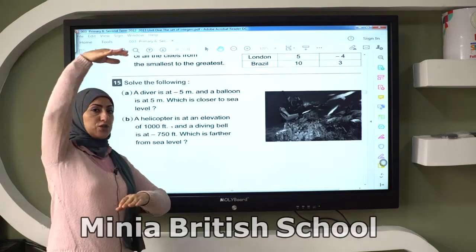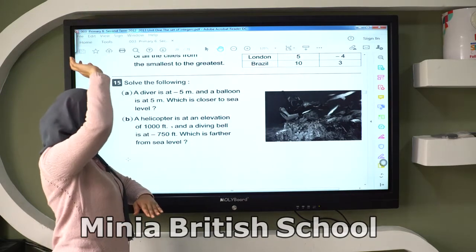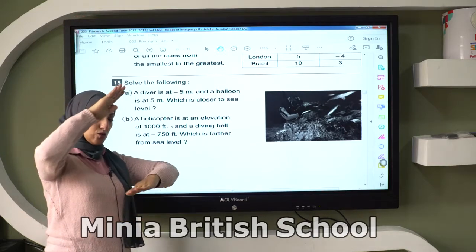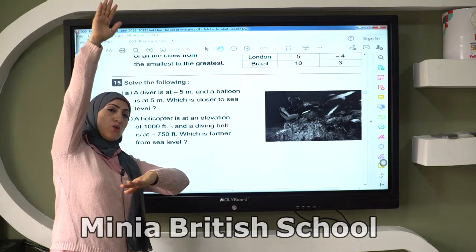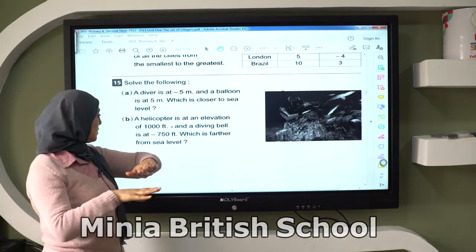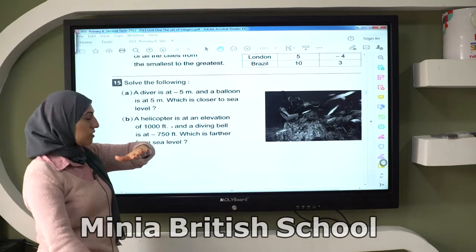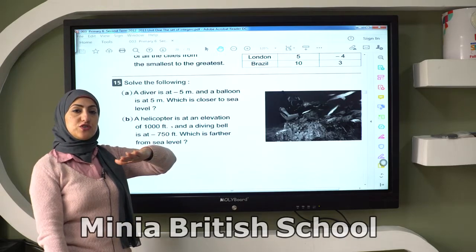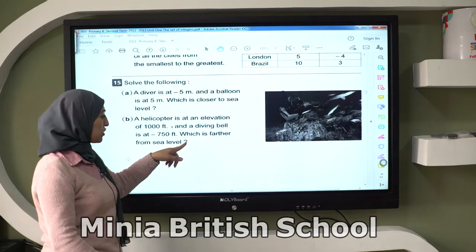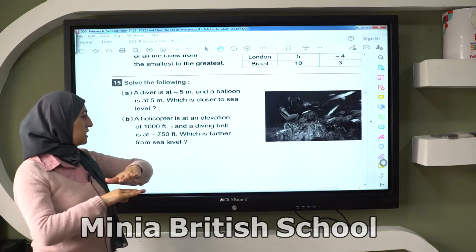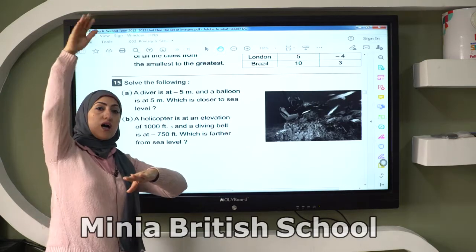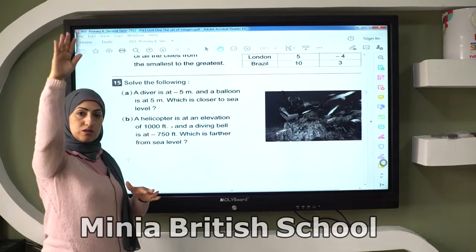Okay, as this is the sea level, the helicopter is at 1,000 and the diving bell at -750. Which is farther? Farther means far from sea level.